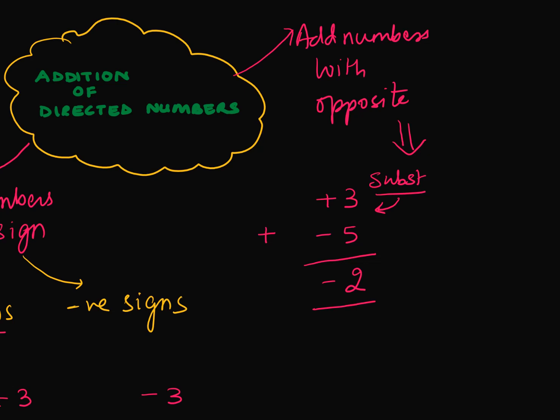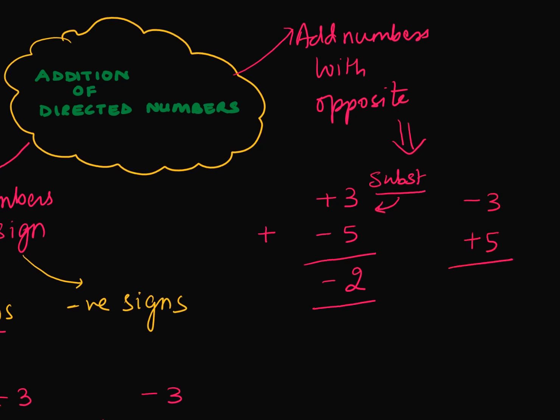Suppose you had, instead of this, a sum where it was minus 3 plus 5. Again the signs are opposite, so you are going to subtract. 5 minus 3 is 2. Like I told you, when the signs are opposite, you will write the answer by subtracting and put the sign of the larger number.